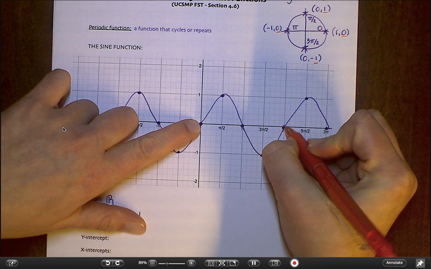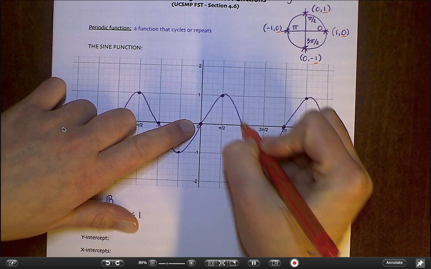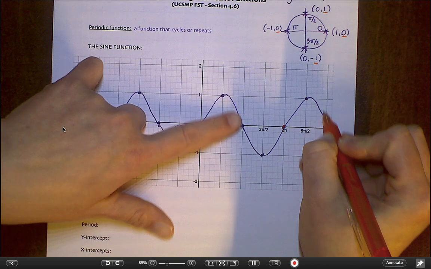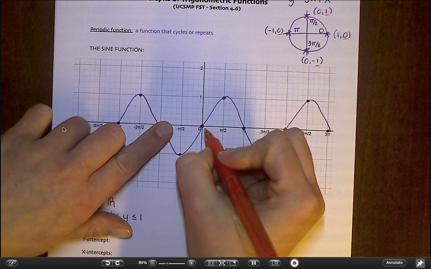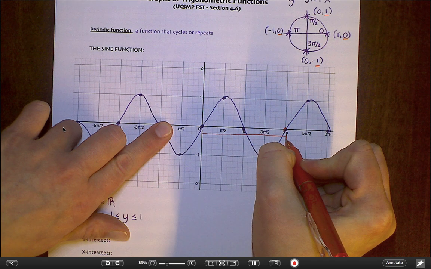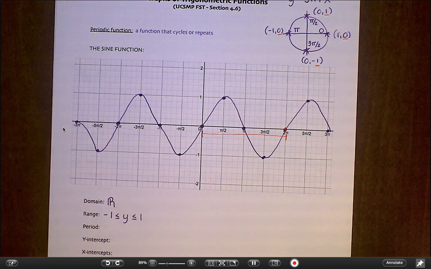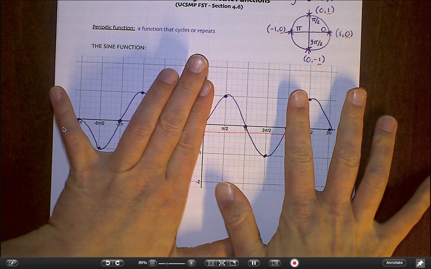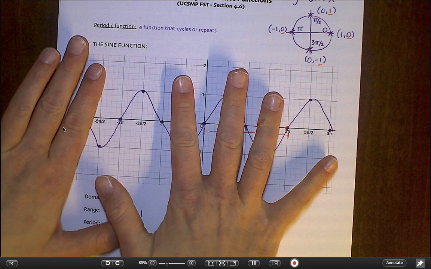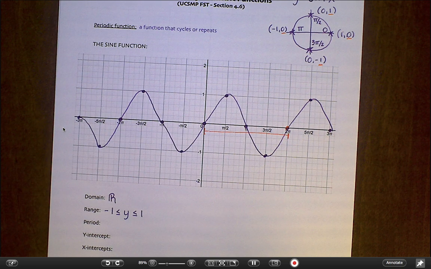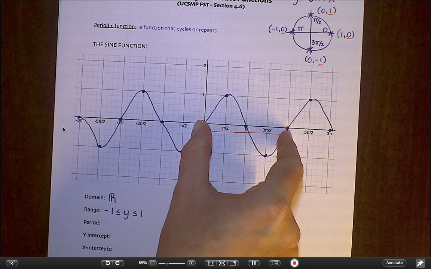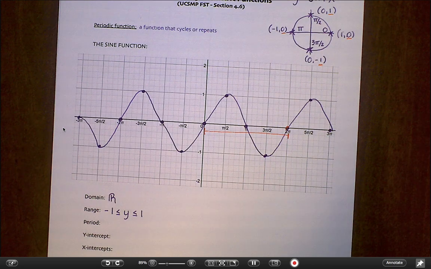However, if I stop here, I went up, I came down, and then this is where I'm starting over and starting this same pattern again, okay? So it took me from 0 all the way to 2 pi to run one full cycle of the graph. If I picked up that portion of the graph right there, if I cut it out and laid it down on another portion of the graph, it would repeat itself over and over and over again.